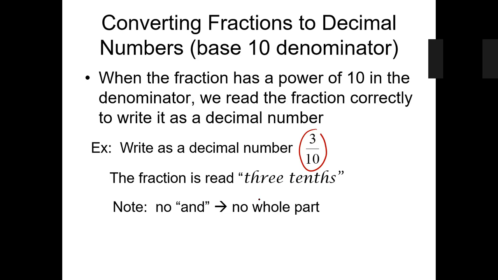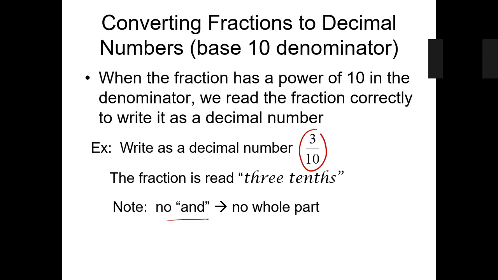There is no and, no ones, so there is no whole part. The whole part is 0, point. When I say 3 tenths, tenths means we have just one digit in the decimal part, the 3. So the decimal number is 0.3.